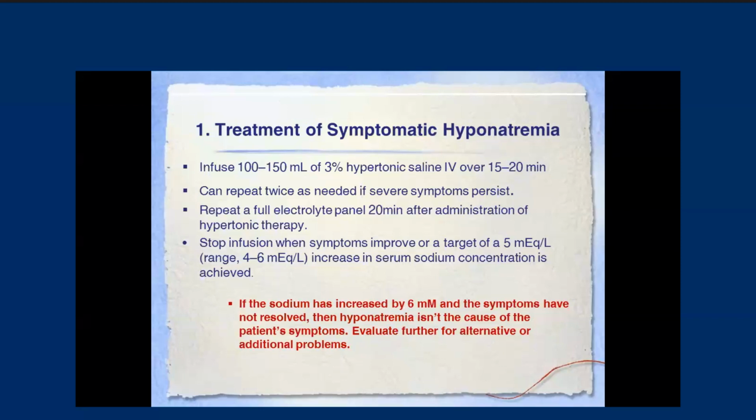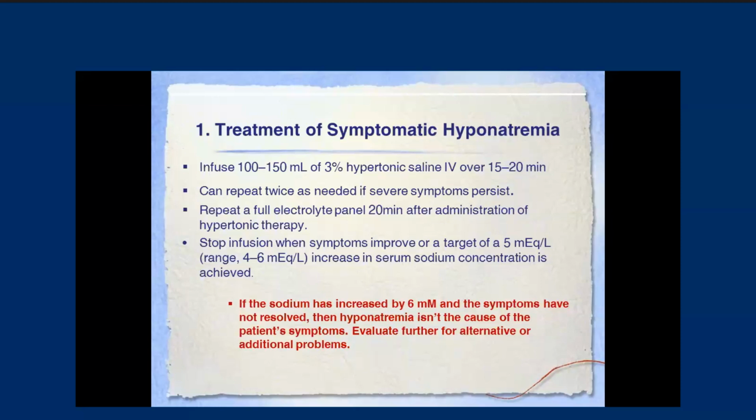So if the goal is not achieved, then we can repeat the dose 2 to 3 times, so for a total of 3 times, 100 to 150 ml each. If the sodium has increased by 6 milliequivalent, and if the symptoms have not resolved, then hyponatremia isn't the cause of the patient's symptoms.